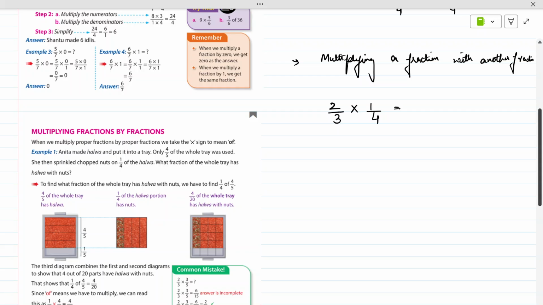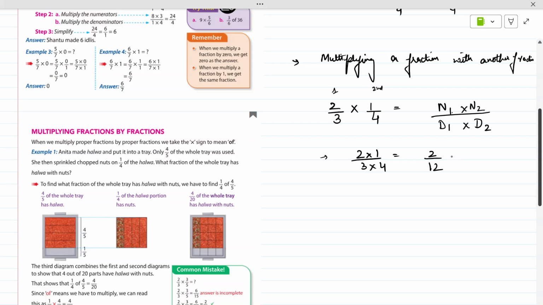Okay, so when we multiply the fractions, we multiply the numerator of the first fraction with the numerator of second fraction, and here we multiply the denominator of first fraction with the denominator of second fraction. Here 1 represents the first fraction and 2 represents the second fraction. So how we can write this as 2 multiplied by 1 and 3 multiplied by 4. So this will give us 2 divided by 12. This is the required fraction here.